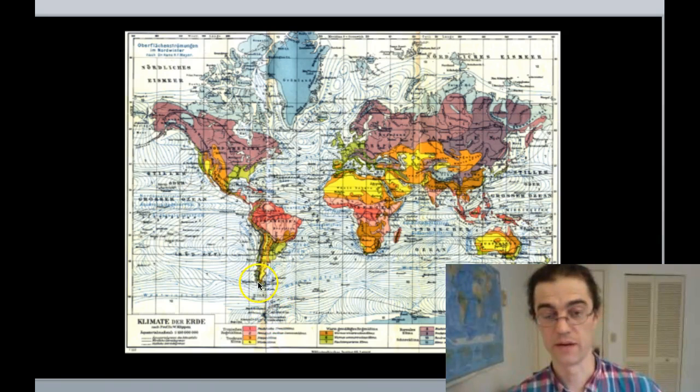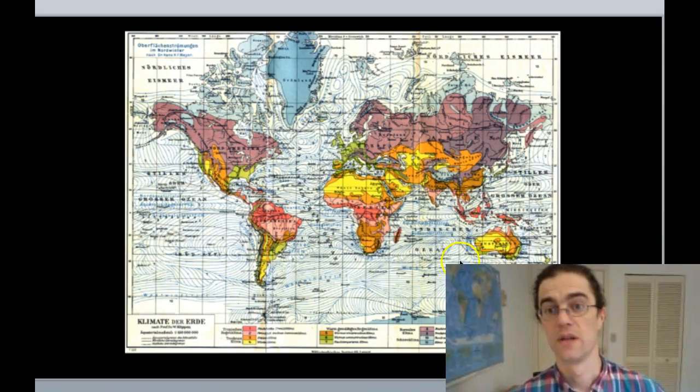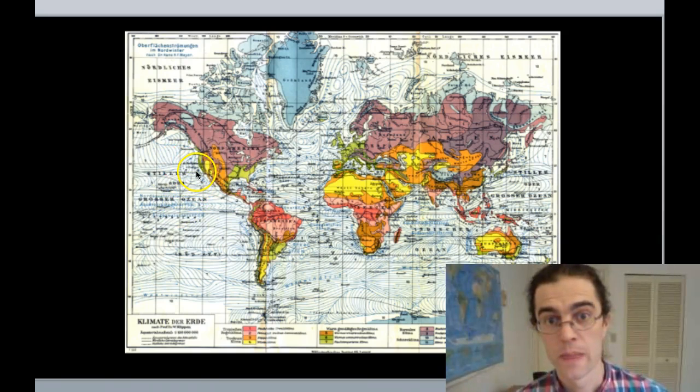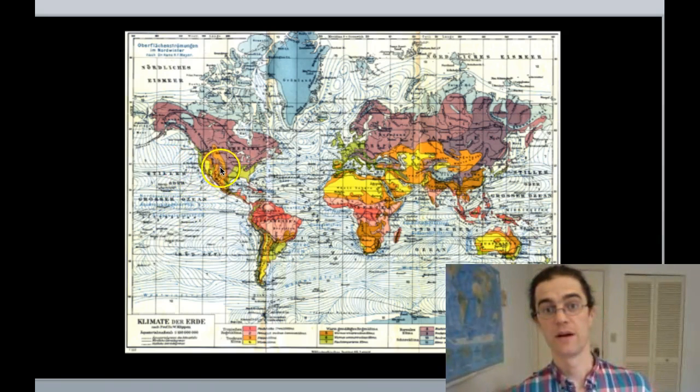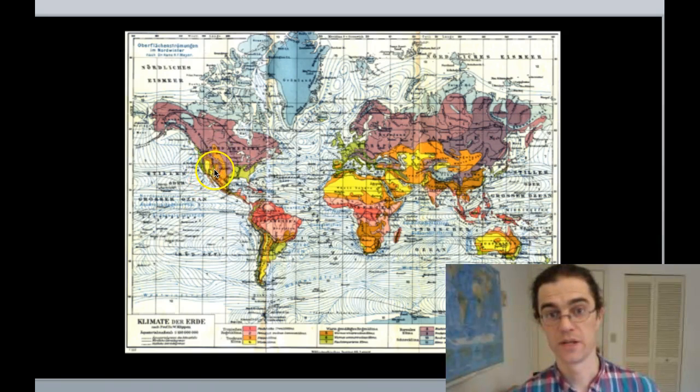Even southern Patagonia is a desert, but obviously the Sahara stands out, and the Great Australian Desert into the Gobi, Central Asia, and even the Mojave here, Sonora Mojave, extending into the Great Basin and Range, or the Great Basin Desert as well.